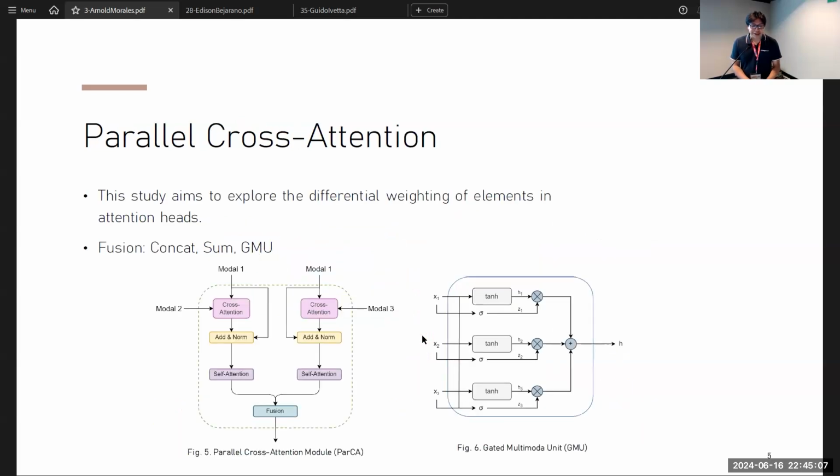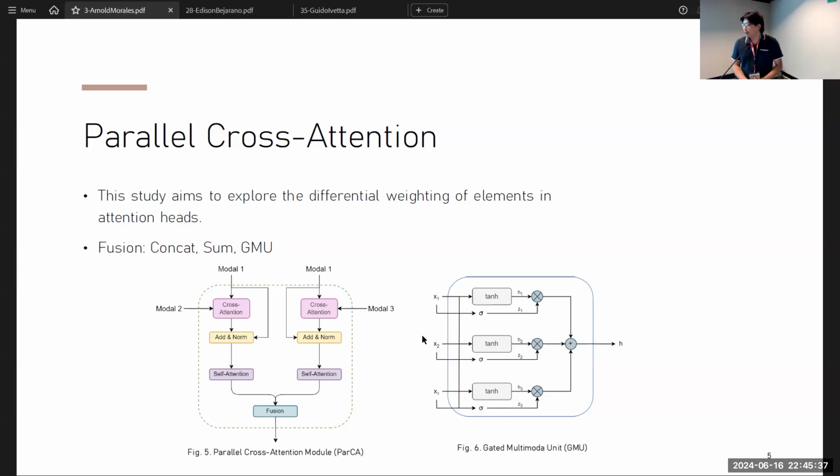And since we want to explore different ways of weighting this type of information, doing so hierarchically may not be the best way to do this. So instead, we propose this parallel cross-attention, which aims to learn different representations of the main modality with the aid of the others. So basically, we have 2 different representations of the same modality, and then we try to merge them the best possible.